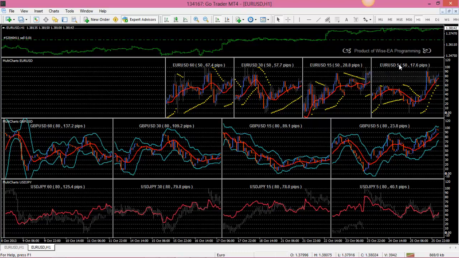Okay, 50 bars, and this is the range of the last 50 bars. For the EURUSD 60-minute chart, the range of the last 50 bars is 67.4 pips. And for each time frame, we're displaying that.